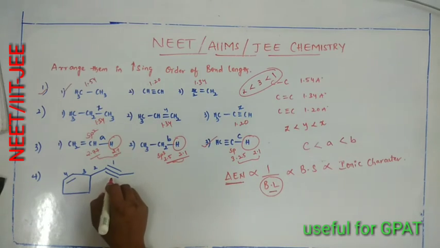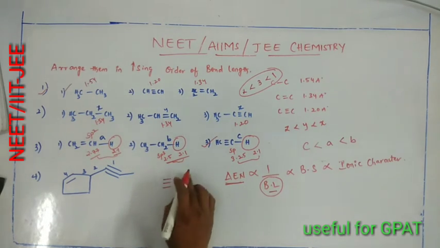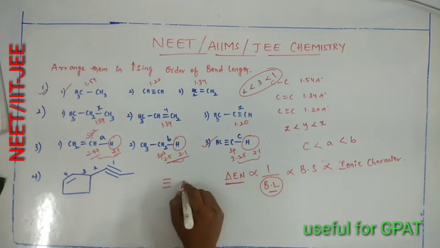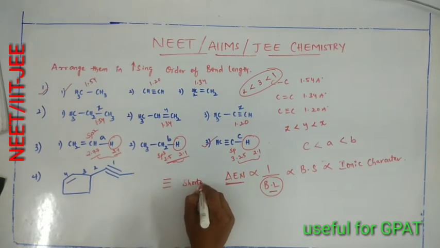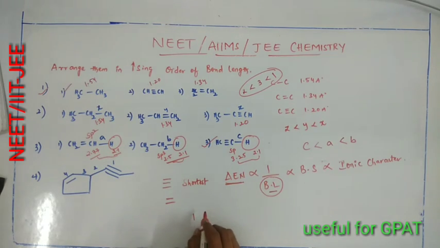In the fourth one, you know that the triple bond is the shortest when compared with the double bond. So the first one is the shortest bond compared with the second, that is the double bond.